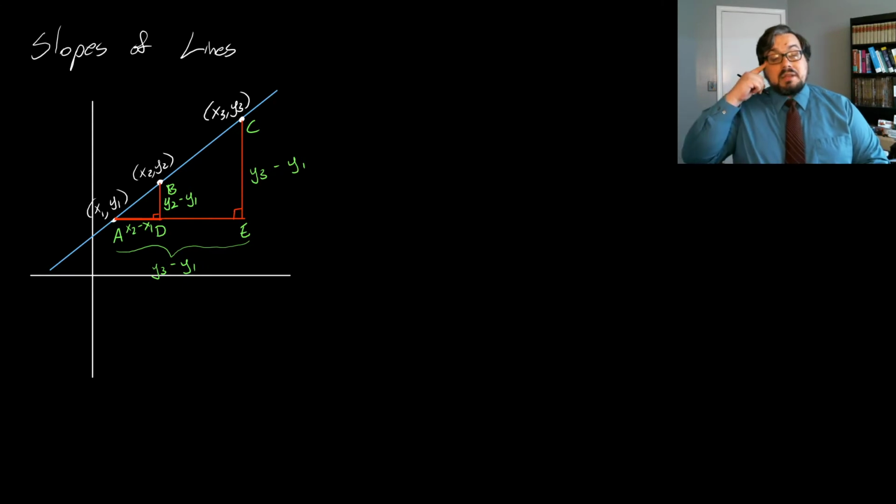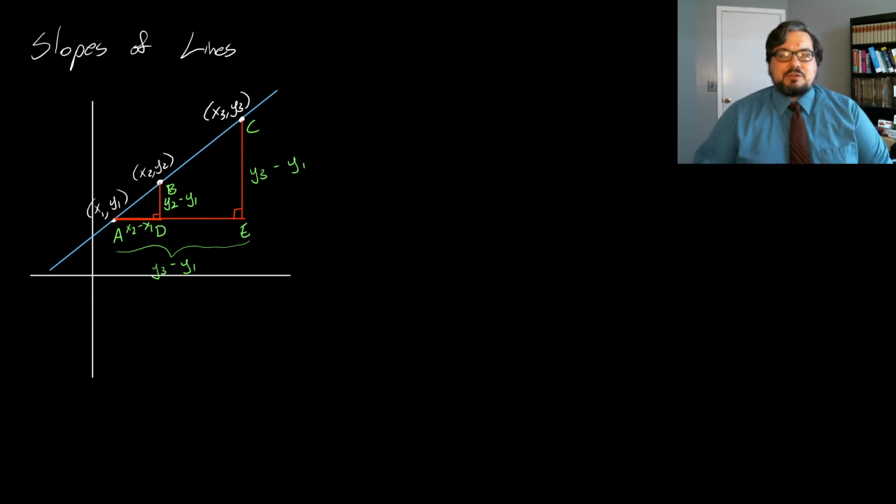So what I want to do is find some way of using these lengths to measure essentially how steep our line is. Now the steepness of a line can be described in the following way.